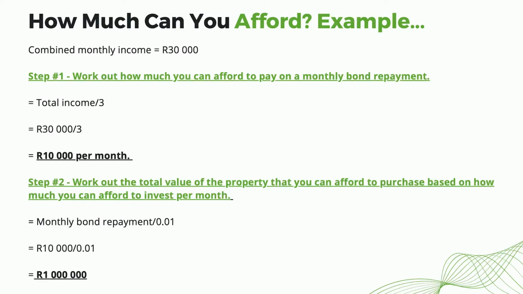So let's say, for example, you and your spouse earn a combined salary of 30,000 Rand per month. That means that you would then qualify for and afford a 10,000 Rand monthly bond repayment. So that's 10,000 Rand per month that you can pay on your home loan. And if that's the case, then it means you can afford to buy a property worth 1 million Rand.